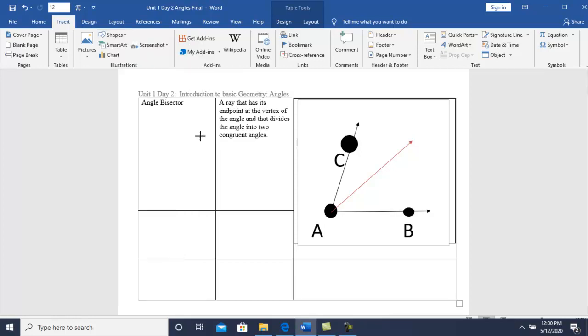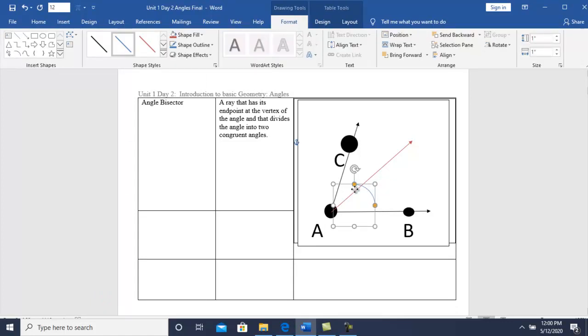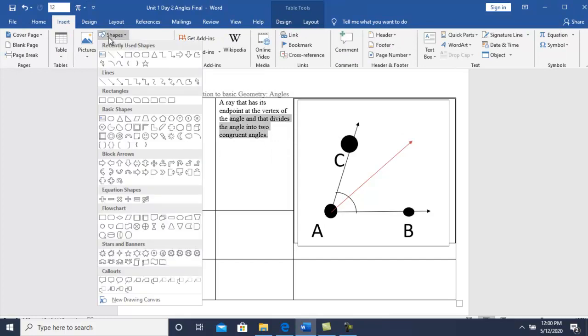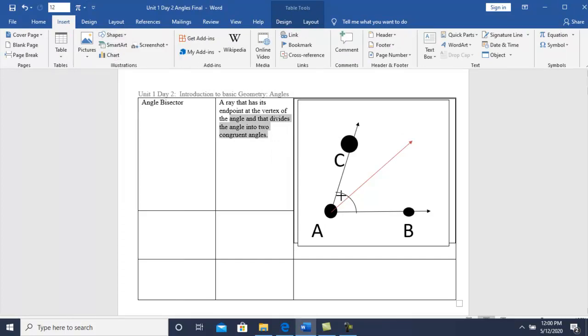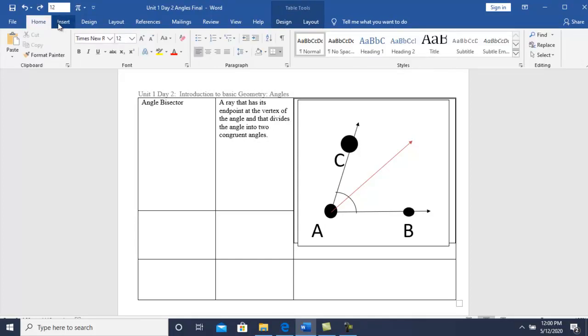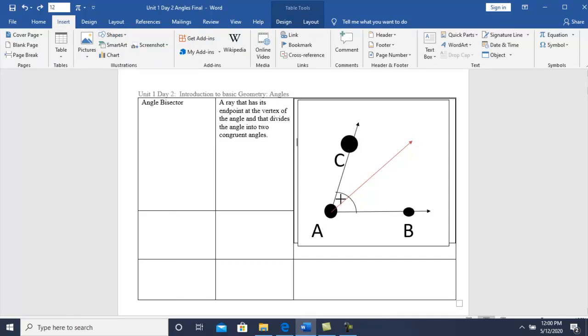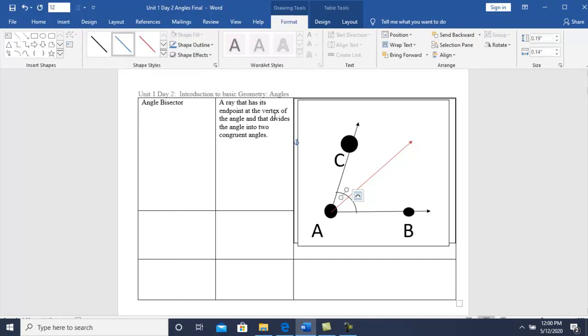Okay, so what's going to happen is your angle is going to be cut into two parts. And what we're going to say is this top half, it's not a ray. Remember, if we're going to show that something is congruent, I'm going to put a tick mark here, and I'm going to put a tick mark down here.